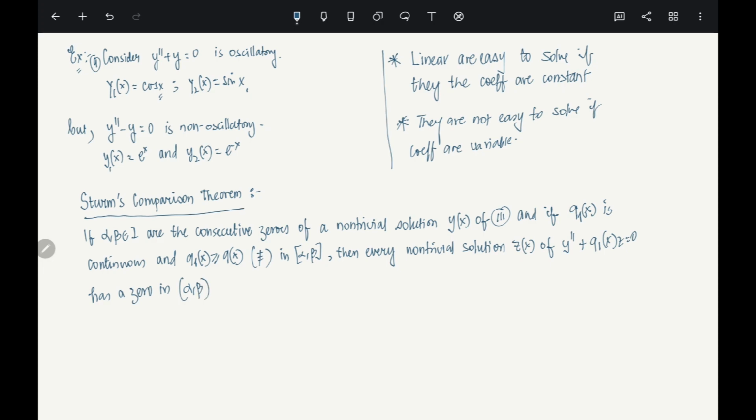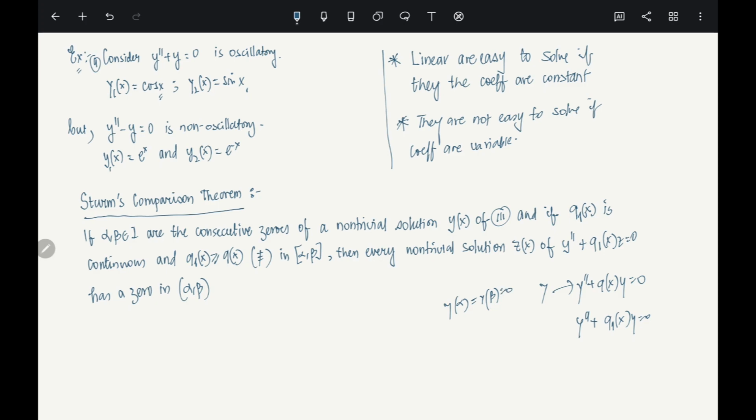So let us understand what it is saying. You have two equations: y double prime plus q of x y equals 0, and another, y double prime plus q1 of x y equals 0. Let's say you have a solution y of the first such that y at alpha equals y at beta equals 0, so basically it has zeros.